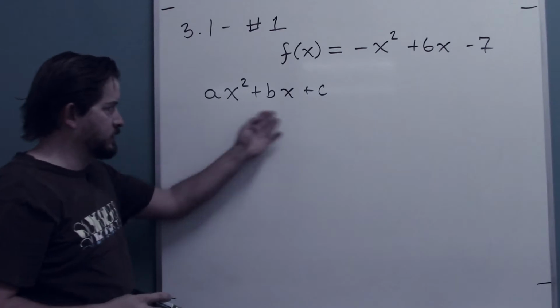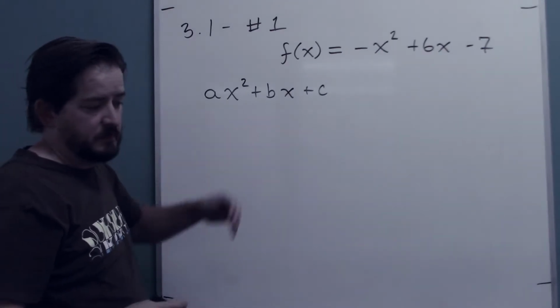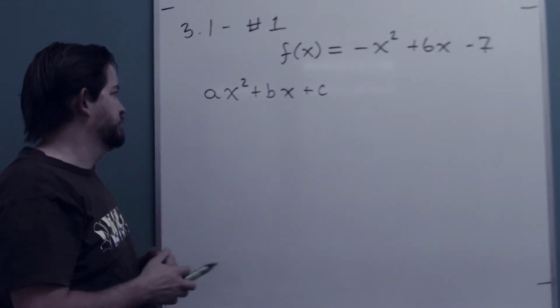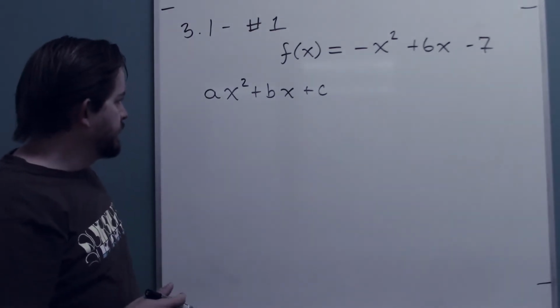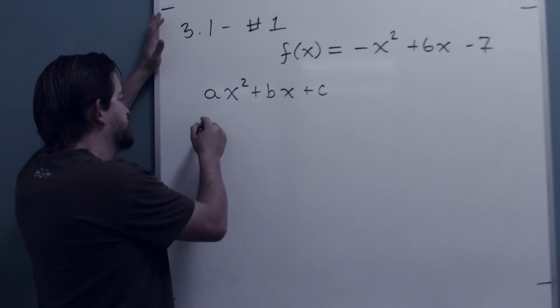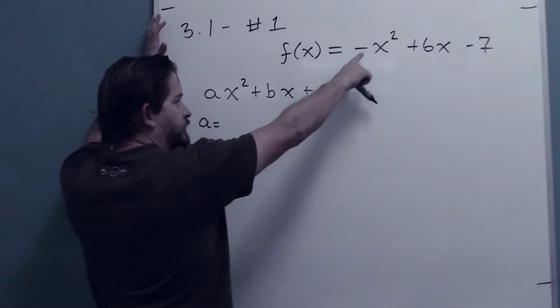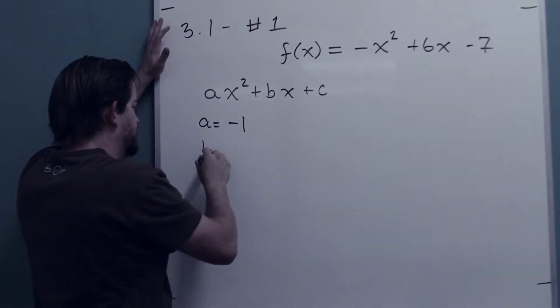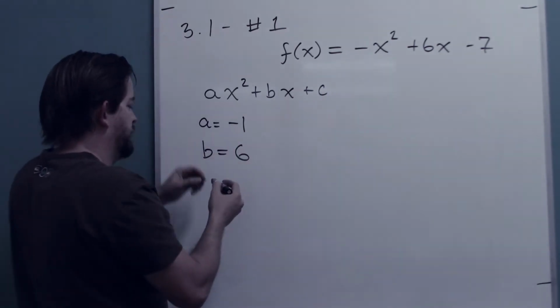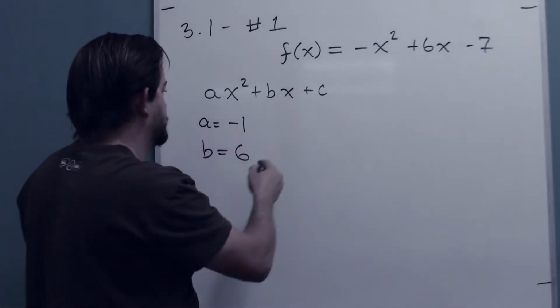This is a quadratic function. In our case, a is equal to negative 1, b is equal to 6, and c is equal to negative 7.